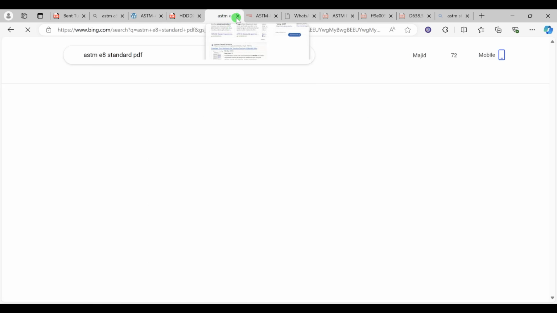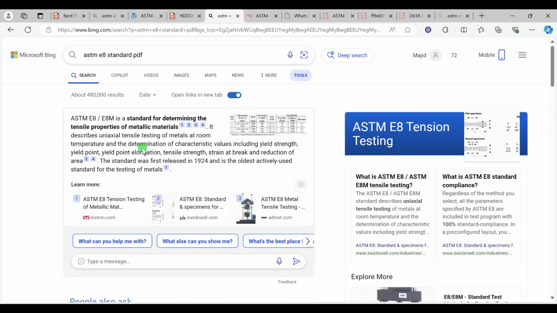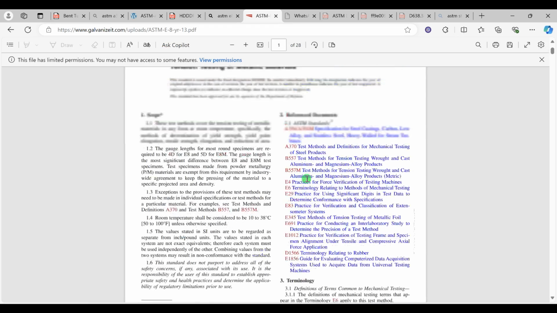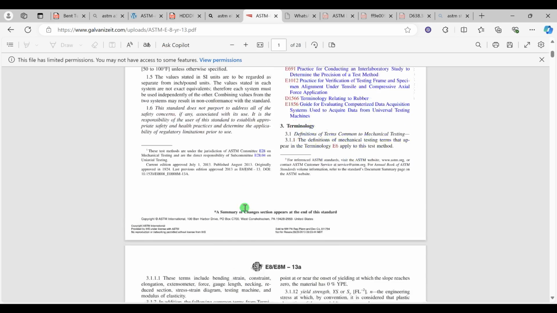So let's find this standard as I did before. If you find E8 or E8M, as you can see here, these test methods cover the tension testing of metallic materials in any form at room temperature. From the scope you can find the application of these standards, and also the relevant references.